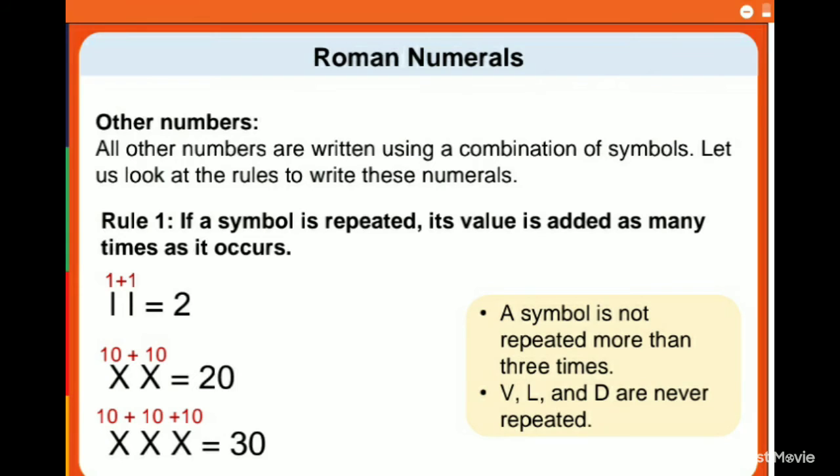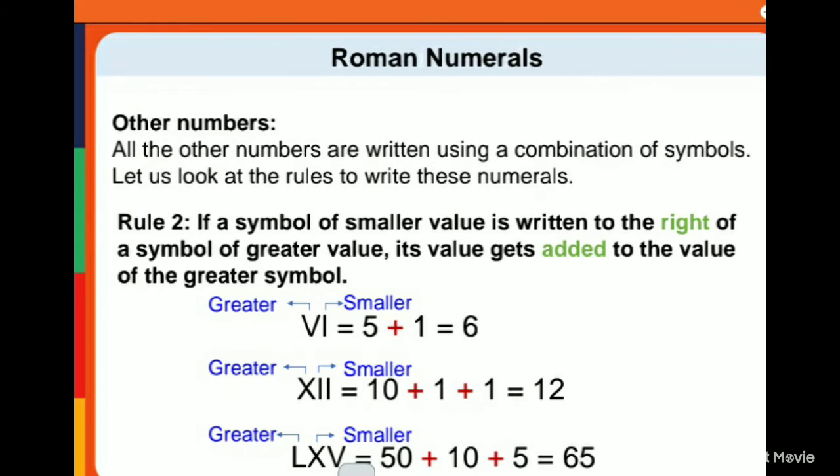And one more thing to remember is a symbol is not repeated more than 3 times, and V, L and D are never repeated. That means only 3 times we can write a symbol like X, X, X. So it represents 10 plus 10 plus 10 equals 30.